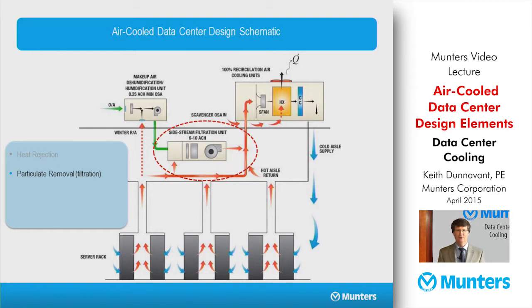Next, you need to properly remove the particulate that's generated within the data hall. You can look at this in a different fashion than most, where you typically have filters in the recirculating cooling units, but that's wasteful. It's energy wasteful, because you're filtering air at 50 to sometimes over 100 air changes per hour.